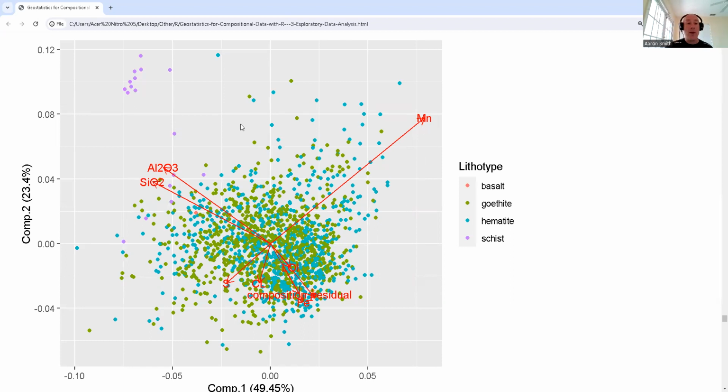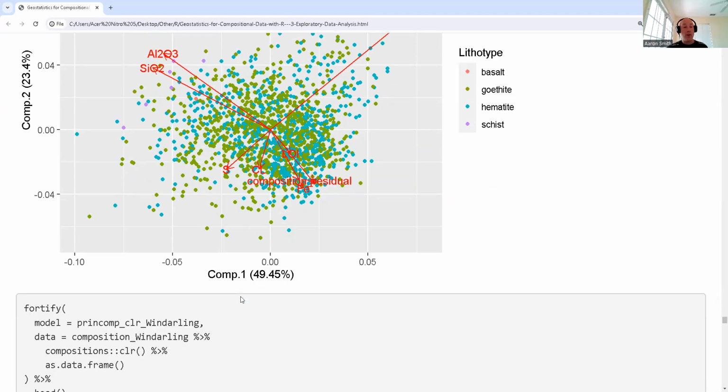Now, for the second principal component, I'm going to look at how far they go up and down. We see that Mn, Al2O3, and SiO2 are contributing positively to the second principal component, and then we have the others over here. And so the first principal component is really picking up the difference between Mn and these two, as a contrast. That's the primary driver of principal component 1. Now, principal component 2 is a contrast between the primary 3 and everything else.